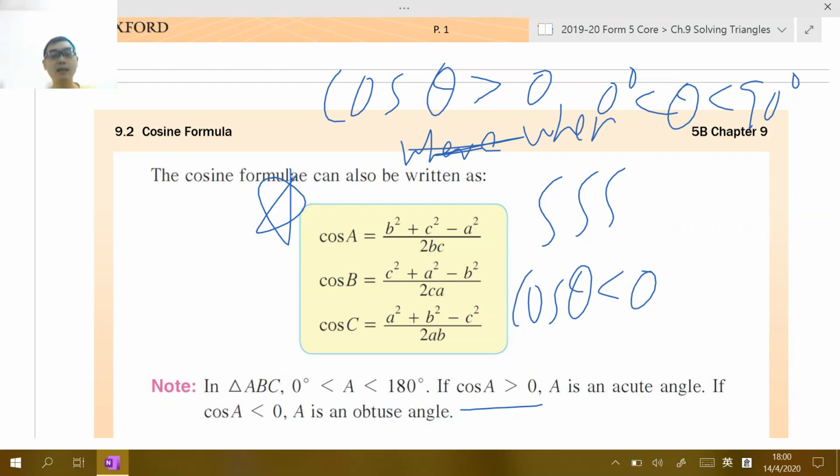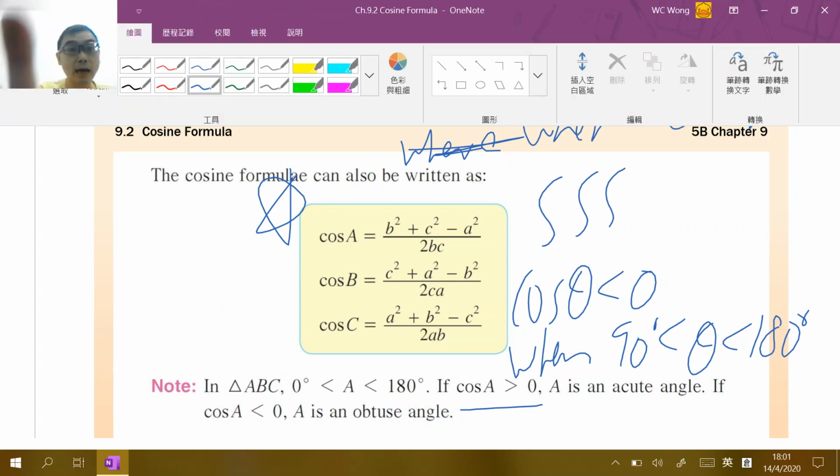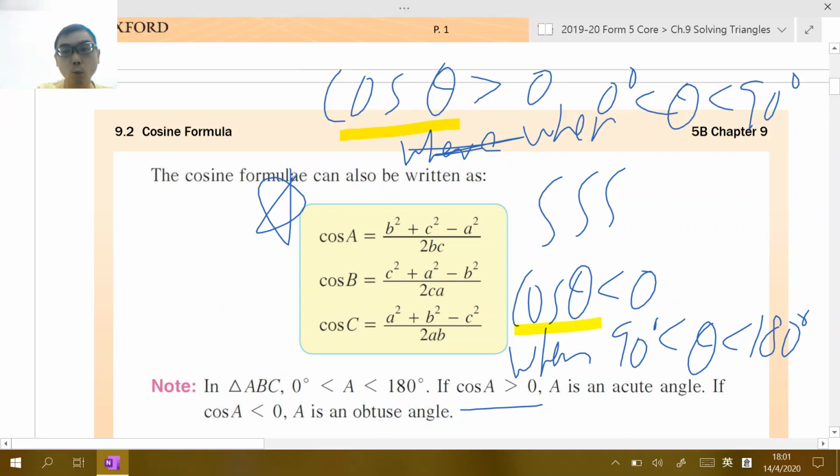If cosine is negative, it means a very important thing: the angle you are considering should be in the second quadrant, or simply an obtuse angle. It's not surprising, because in a triangle you may have an obtuse angle inside. This is a very good way to let you know whether the angle is acute or obtuse, using the cosine formula.